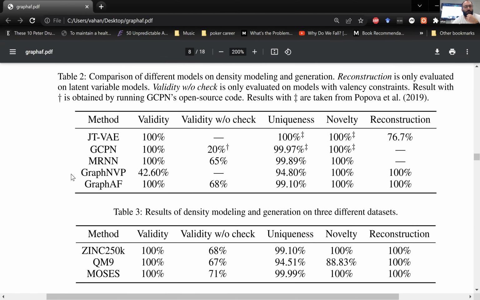So they have a good initial policy. And the GNN probably helps a lot with good embeddings. But also it doesn't work perfectly. If you look at the validity, it goes from 100% to 68% without the checks, right? So it's still far from perfect, but yeah, it still works very well.